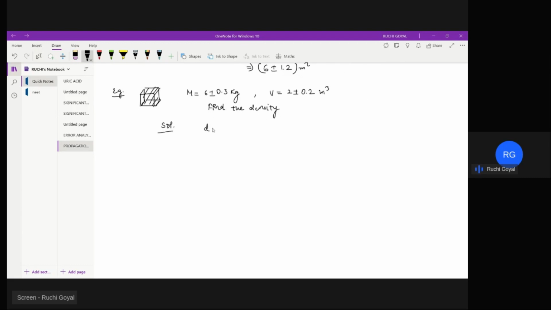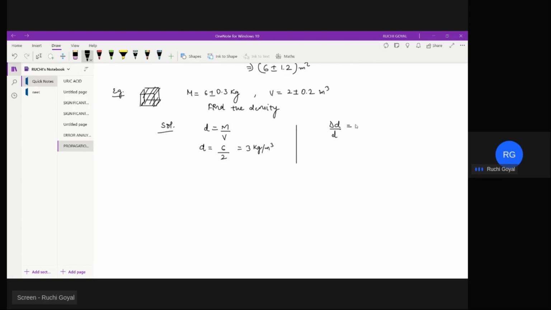So how will you find the density? Okay, so density is mass upon volume. This is the formula of density, right? So you can calculate density. Mass is 6 divided by volume 2. It will be 3 kg per meter cube. Now you have to find delta D. Again, we will apply the same formula.